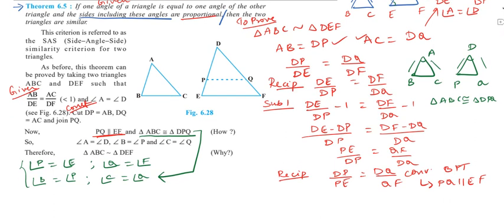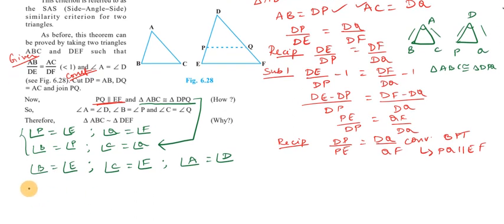So what we can do is, we can say angle B is equal to angle E. Likewise, here we have Q. So angle C is equal to angle F. We are already given that angle A is equal to angle D. So now you can say by the AAA similarity, you can now say that triangle ABC is similar to triangle DEF.